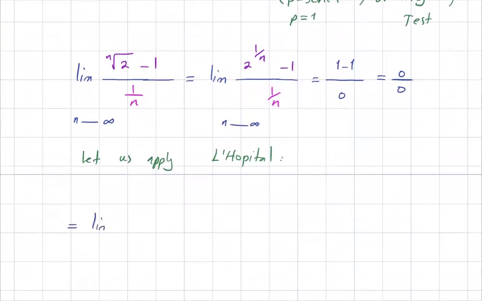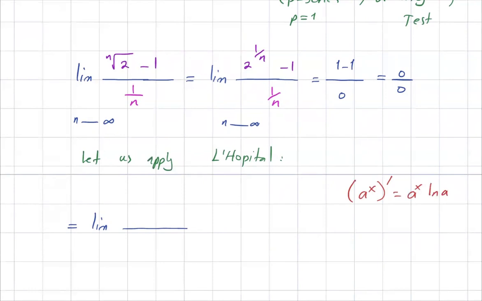This limit is equal to the limit of, under the numerator, you have the nth root of 2. If you remember, when you have a to the power x and you take the derivative, you get a to the power x times ln of a.